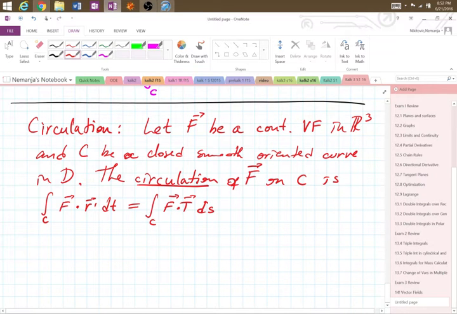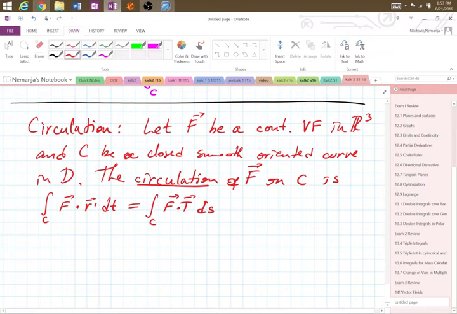Where T is the unit vector tangent to C, consistent with the orientation, which means remember that all of the parametrization curves are always oriented clockwise or counterclockwise. We call the positive orientation the one in the direction of the increasing parameter.